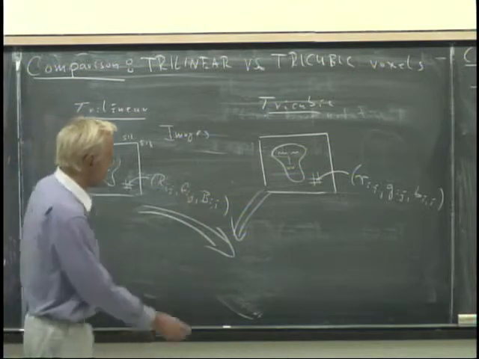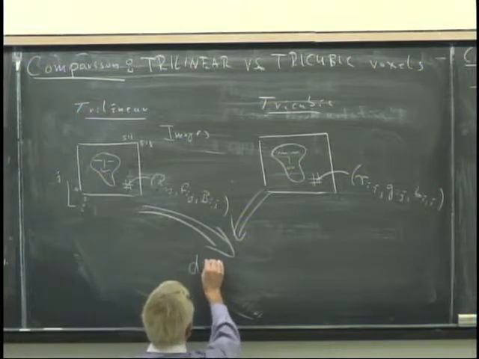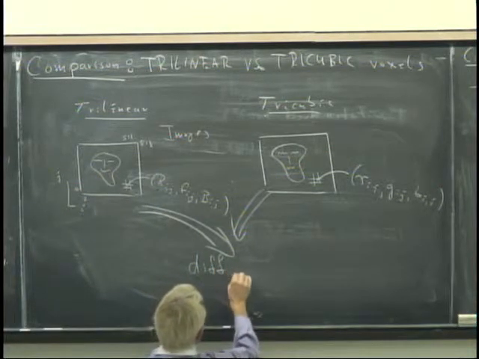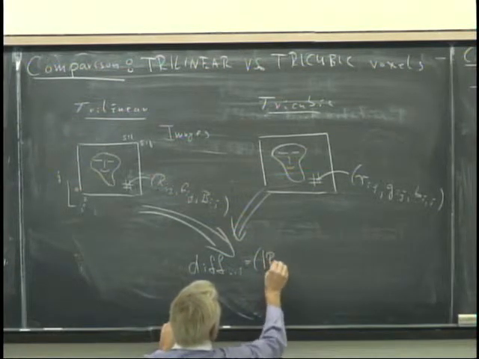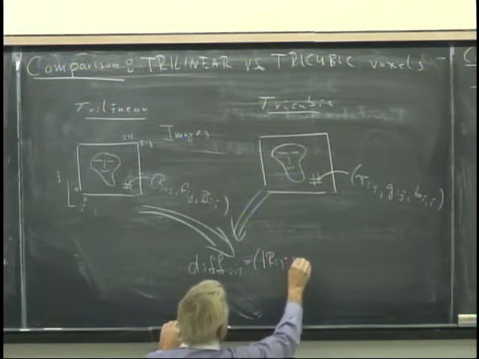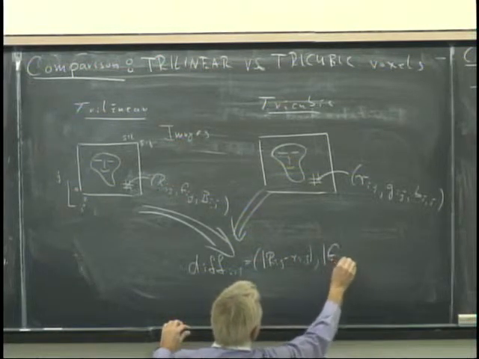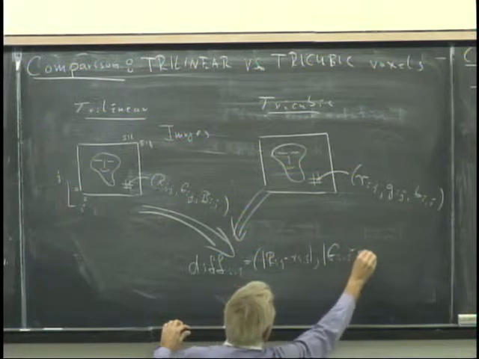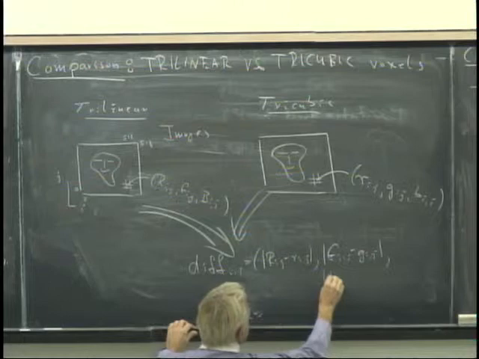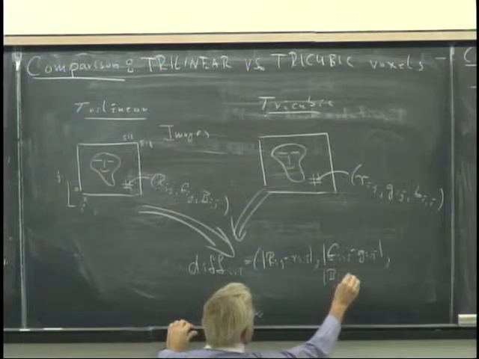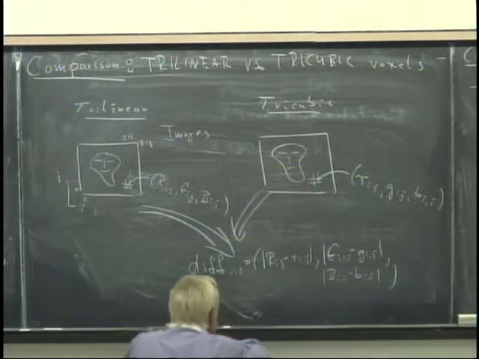Okay? So you could say the diff value at ij could also be a triple: the absolute value of R_ij minus r_ij, then the green difference, G_ij minus g_ij, and then the last component would be the difference in the blue, B_ij minus b_ij, absolute value, okay?